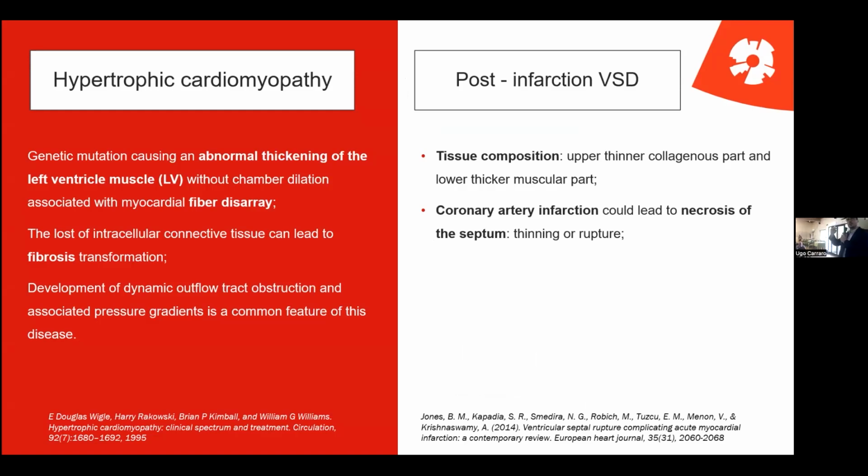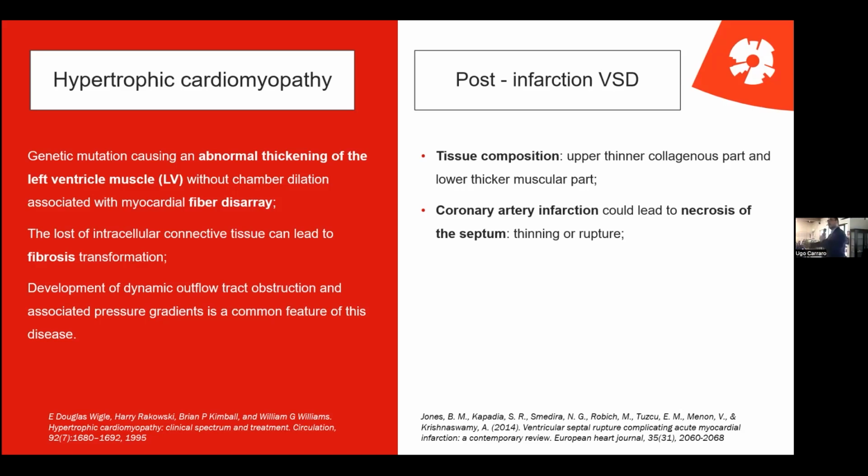For example, hypertrophic cardiomyopathy is an abnormal thickening of the left ventricle. It could be in both the septum and the left external wall, and it is associated with fiber disarray and the onset of fibrosis.